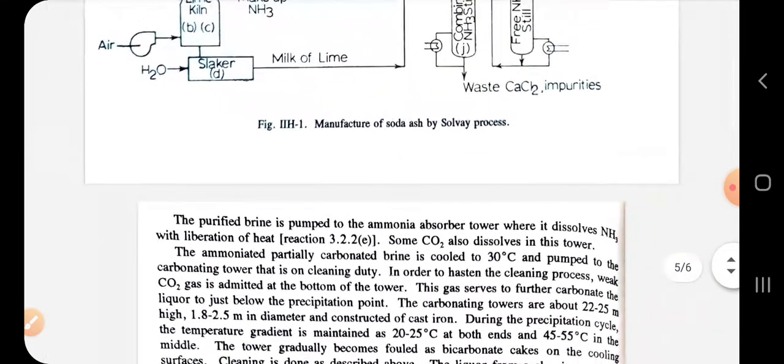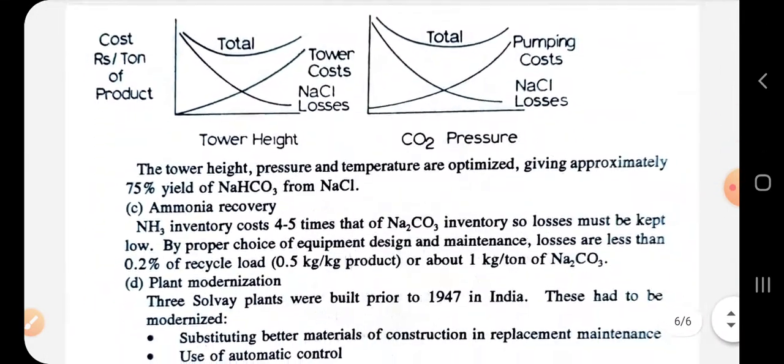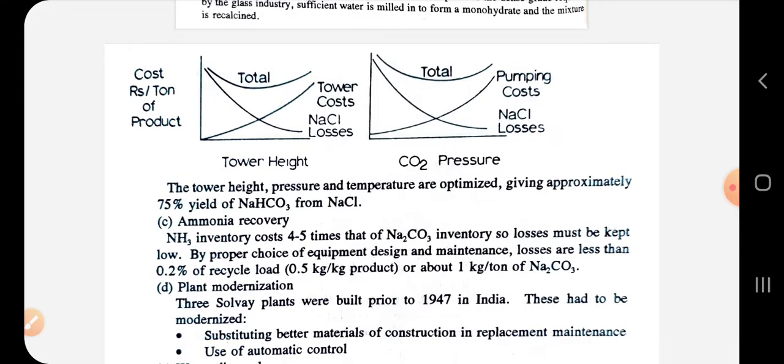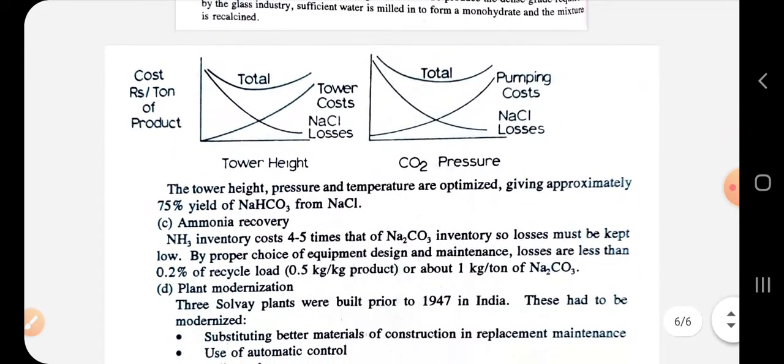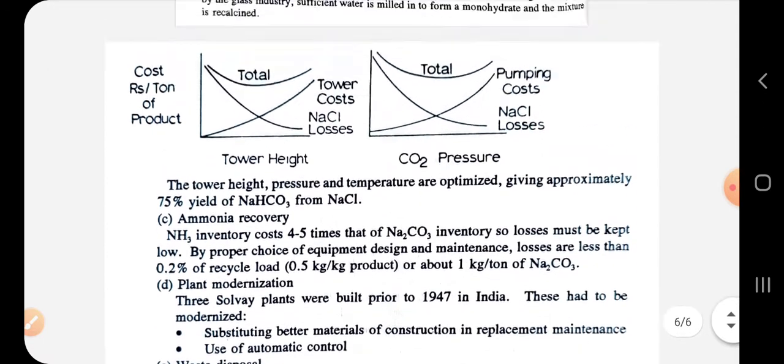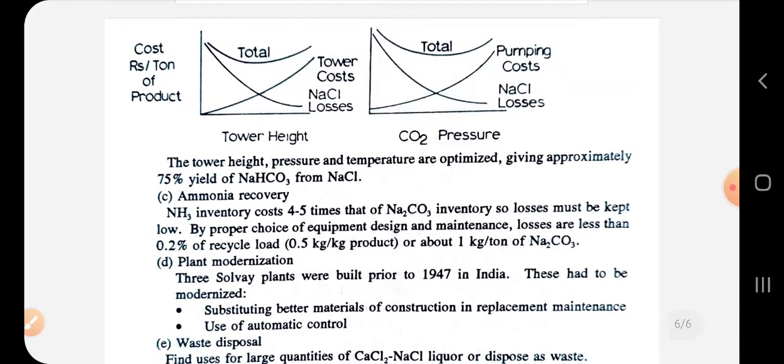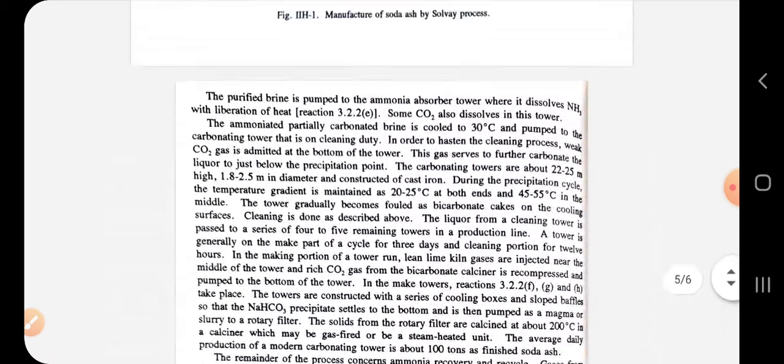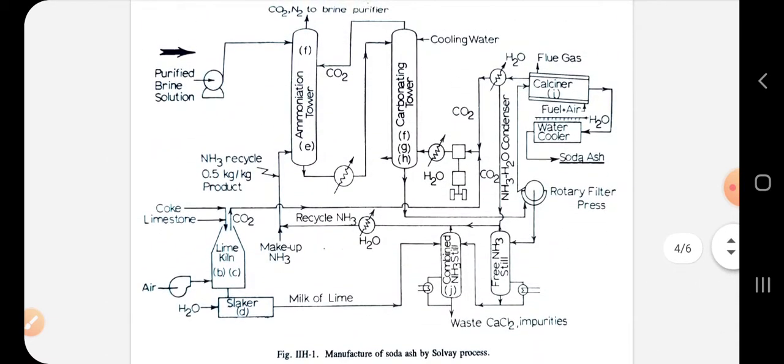Now, major engineering problems of this process. I think there is a slide or photo missing here. It's no problem. We'll discuss major engineering problems. First one is development of suitable calcining equipment. Calcination is an important part, as we saw in this flow sheet.